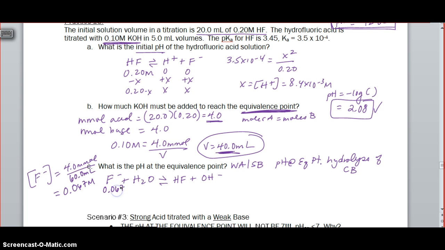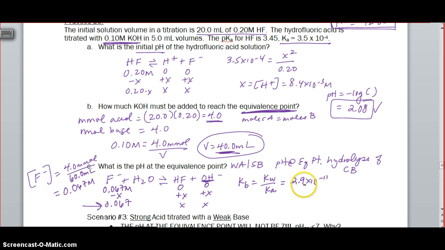So 0.067 molar, 0 and 0, up by x, down by x, 0.067. Okay, again, I've got an OH minus. I've got a Ka. OH minus and Kas do not go together. So what do I need to solve for? I need that Kb. So I do Kw over Ka, and Kb comes out to 2.9 times 10 to the negative 11th.